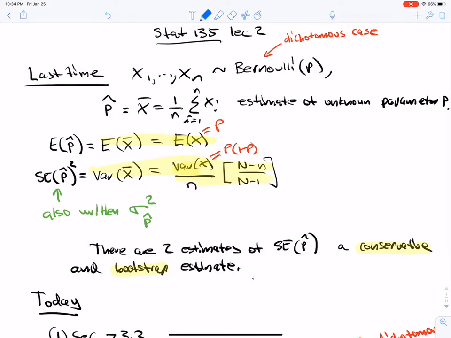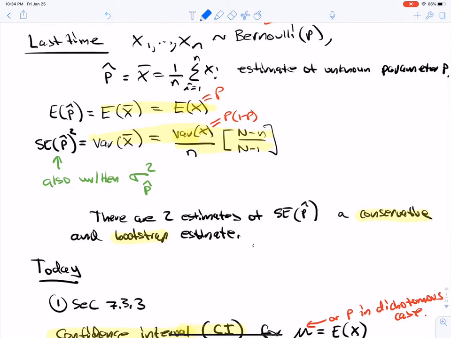An estimator for p is just the sample mean. We saw that the expectation of the sample mean is just p, which is to say that p hat is an unbiased estimator.